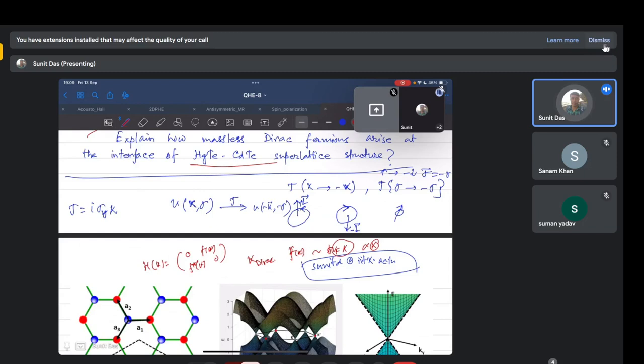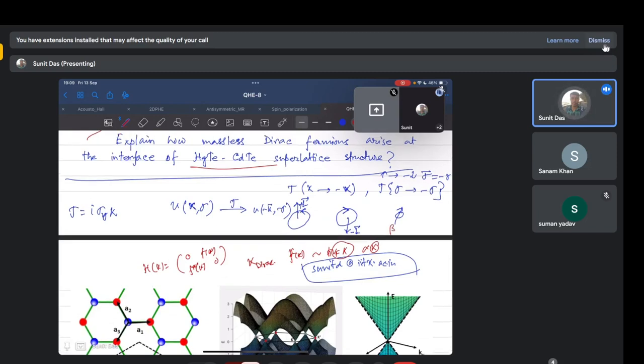Now you say that this is linearly dispersive, which does not have any mass term, similar to the high energy physics Dirac equation, which was something like beta times a term linear in momentum, and then m0 c squared. This term is already absent, and there was no k squared or other terms to the lowest order in k. That's how you call it massless Dirac fermions.